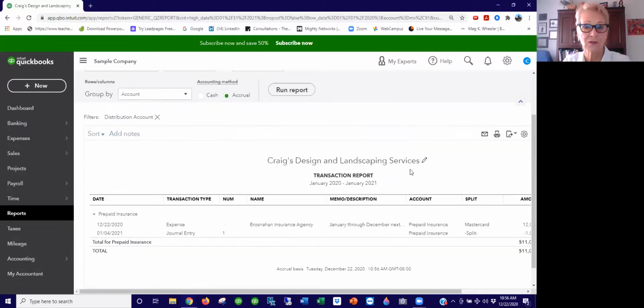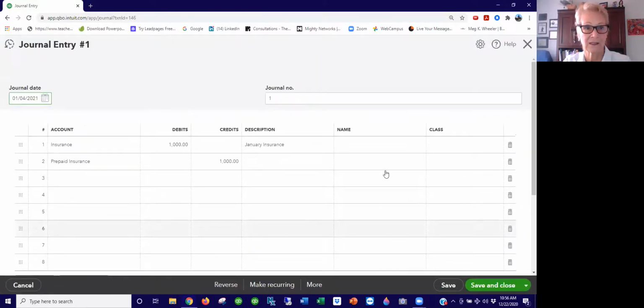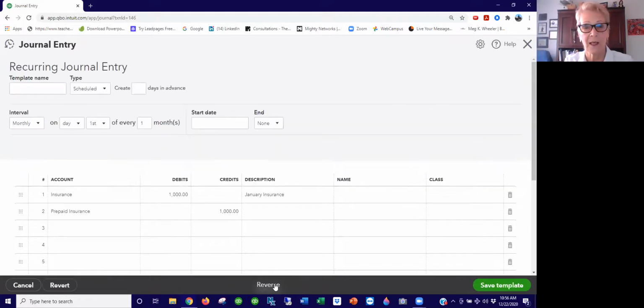Now, one of the tools that I really like in all of the software versions is the automated features. They just have to be set up and used properly, but we can make this recurring. So once you have this journal entry correct, you can say that this is my monthly insurance.